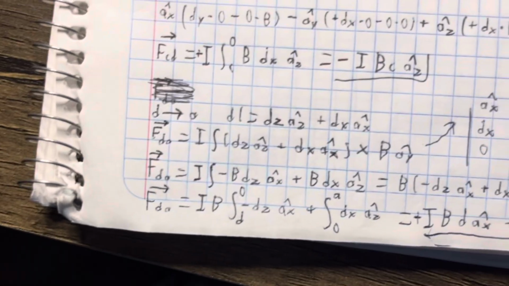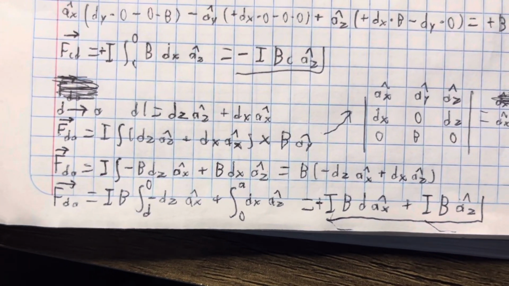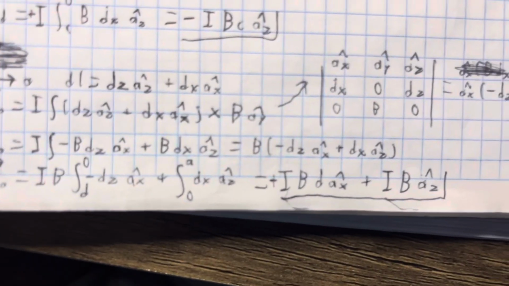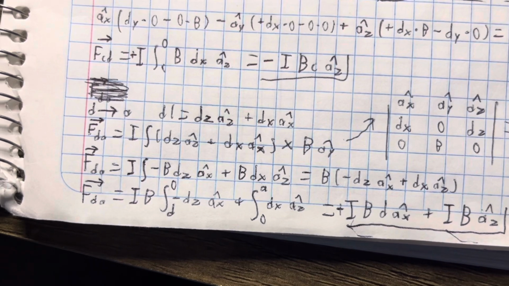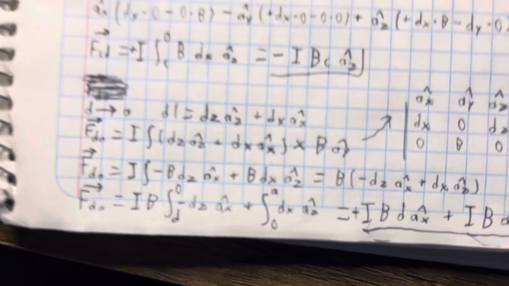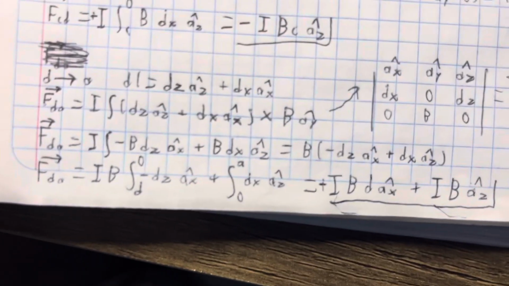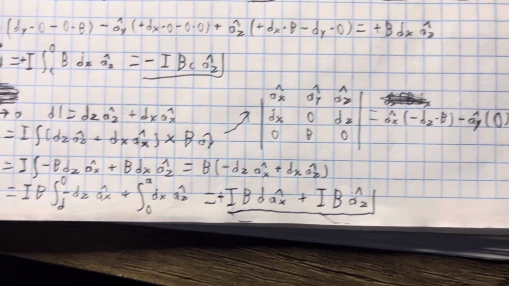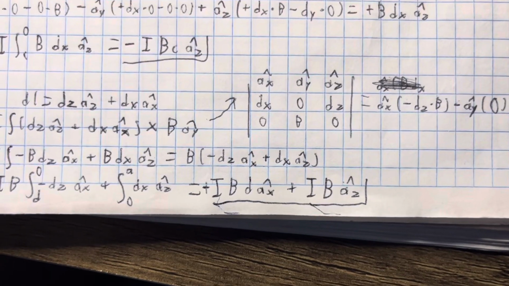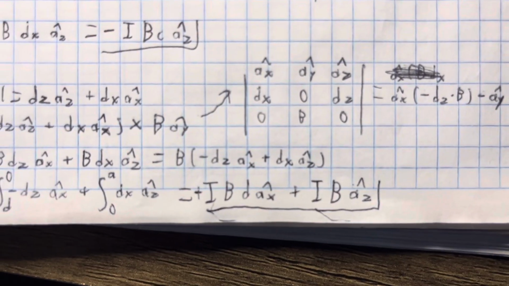We take the magnetic field outside as a common term, we perform the integrals, and we get this as the final force going from D to A. That is basically that one.